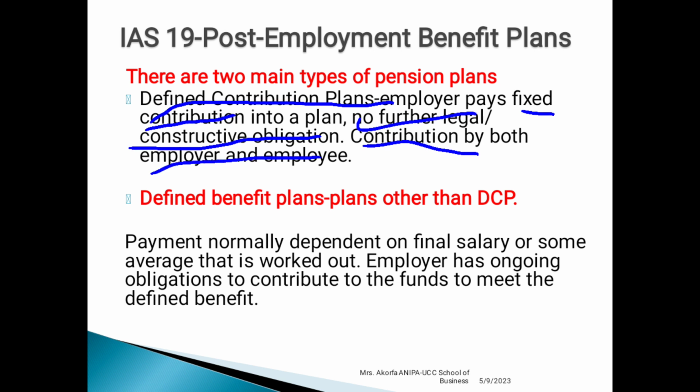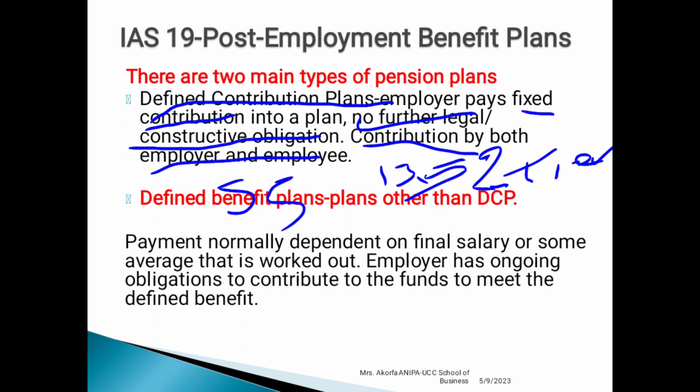So actually, in taxation, if we study pension schemes, we have 13.5% paid by the employer, that is the Tier 1, then the employee will pay 5.5%.